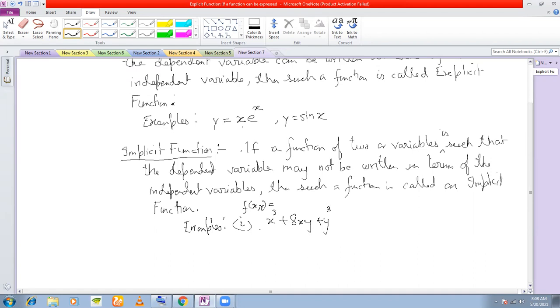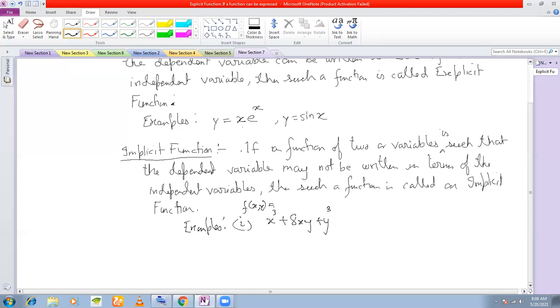Then can you write x in terms of y or y in terms of x? You cannot write. You don't know which one is the dependent and which one is the independent variable.